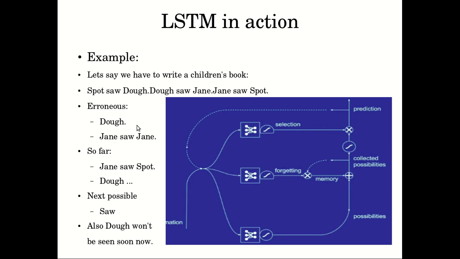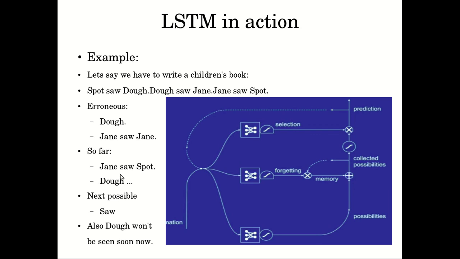So let's see how the LSTM overcomes this. Let's say we have an LSTM which is completely trained with enough training examples, and all the weights have been learned so far. All the weights to the input gate, output gate, forget gate, and the activations have correctly been learned. So far, let's say this has been the output: Jane saw Spot.